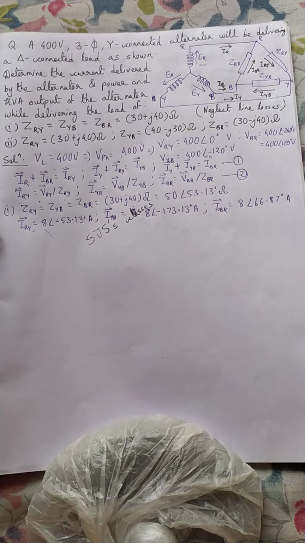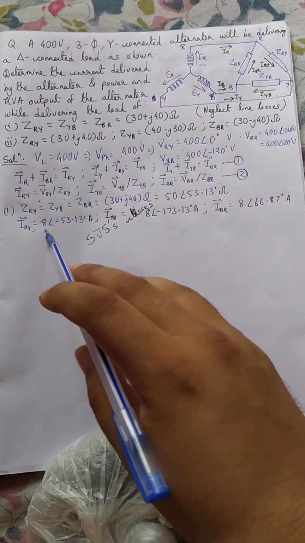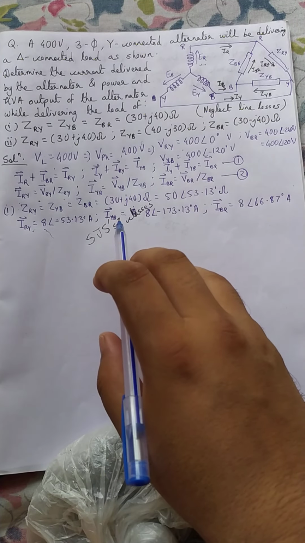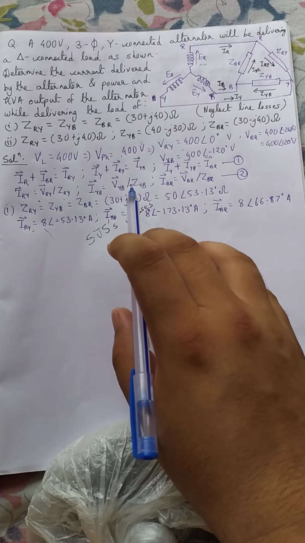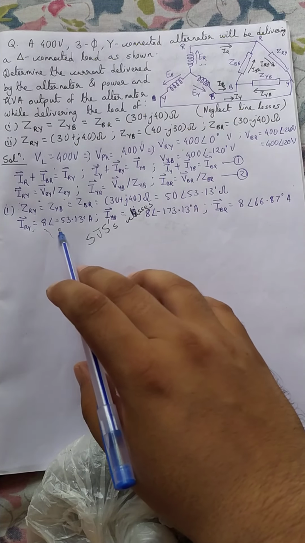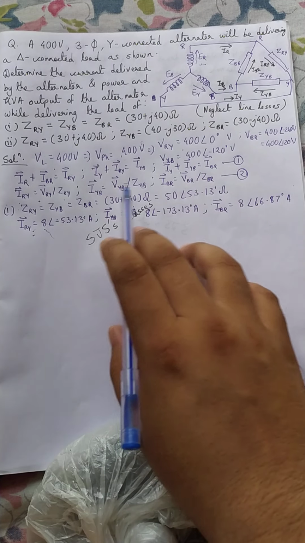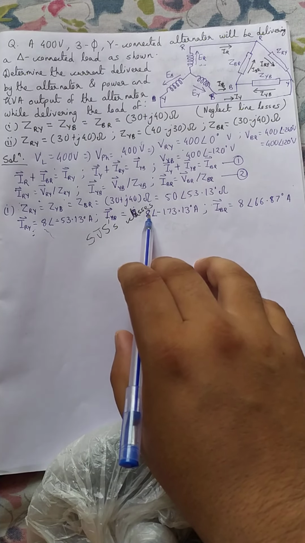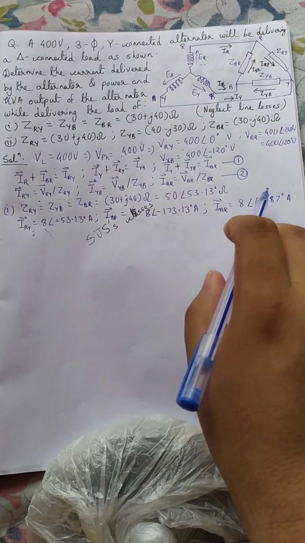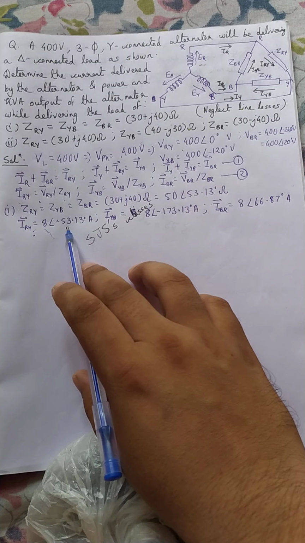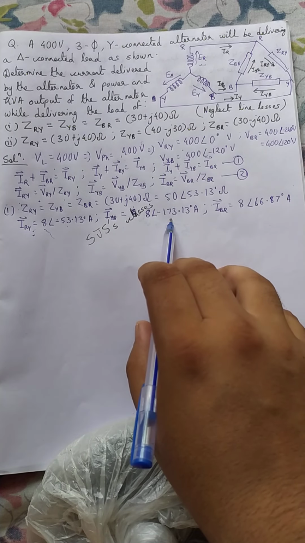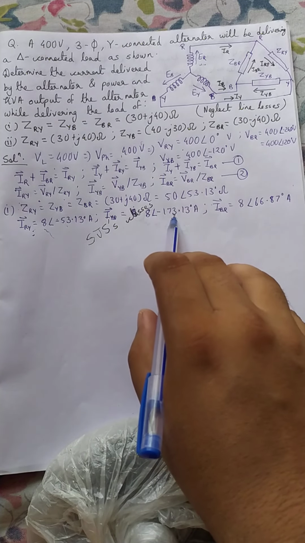So if you could observe here, you could see IRY, IYB, IBR all are having equal magnitude, that is 8 ampere. And if you could carefully see, IRY, IYB and IBR, they are actually phase apart by 120 degree. Minus 53.13 plus this one, that is 173.13, that is 120 degree.